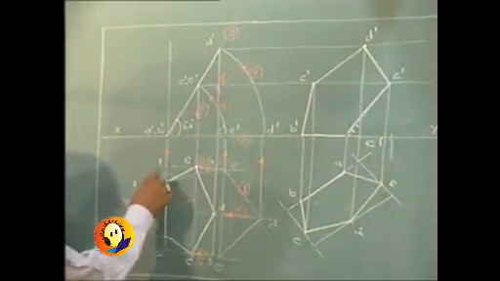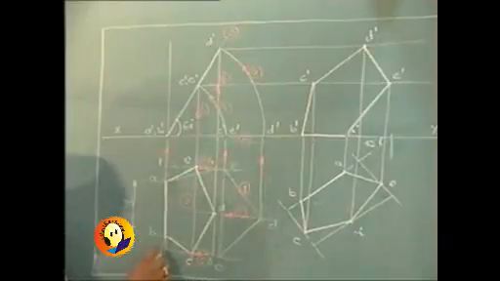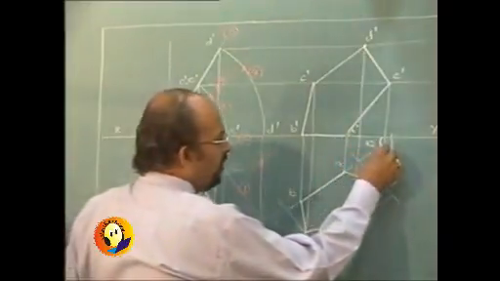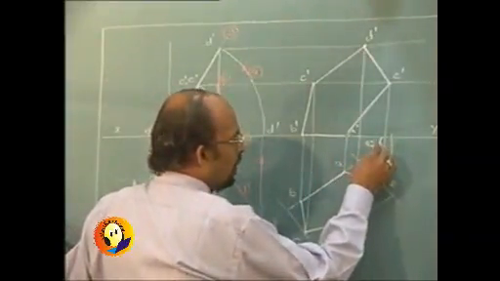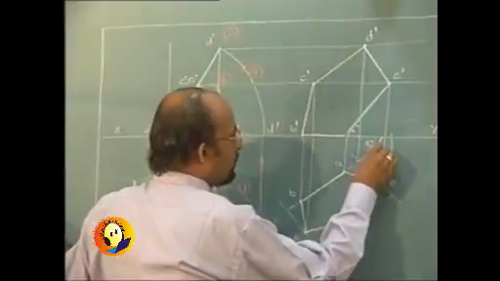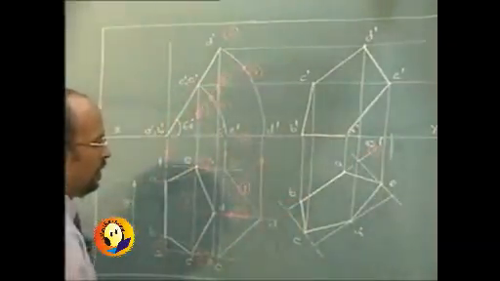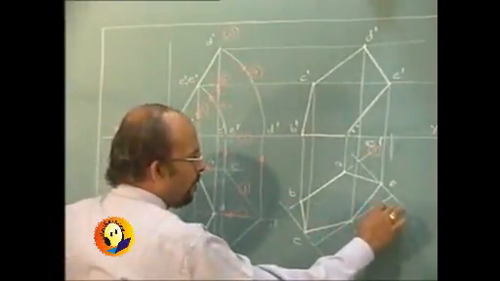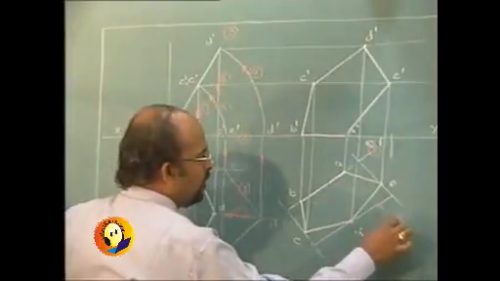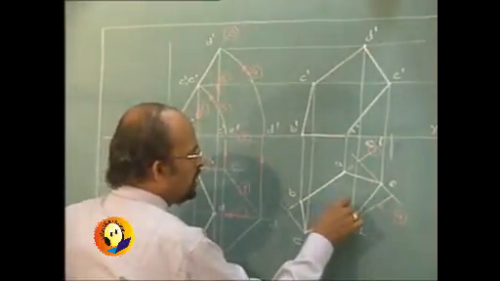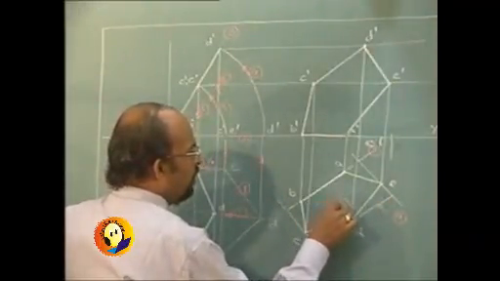Then we have constructed the rectangle, that was our step number 7. We had drawn this angle 45 degrees, is step number 8. Reproducing the rectangle, step number 9. Reproducing the plan, step number 10.